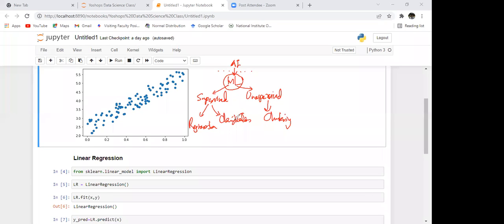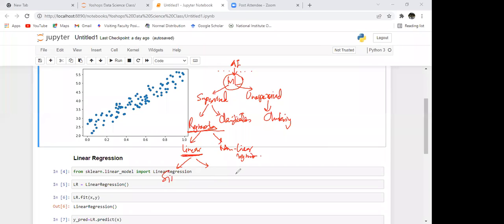Now, for regression, we have linear. We do have nonlinear regression as well. Of these, our primary focus is on linear regression. And I told you yesterday, we have 2 categories of it: simple linear regression and multiple linear regression.